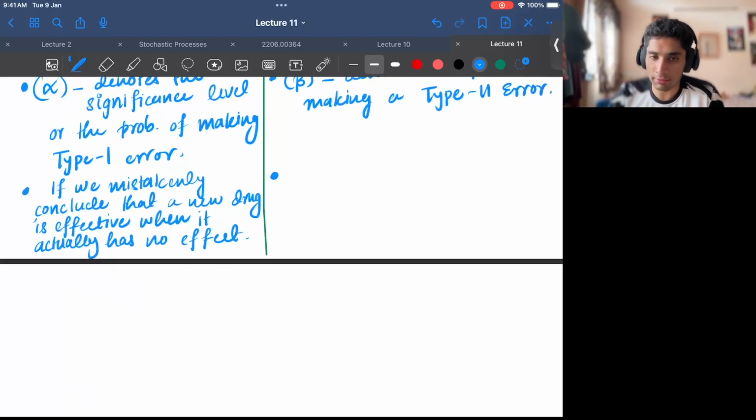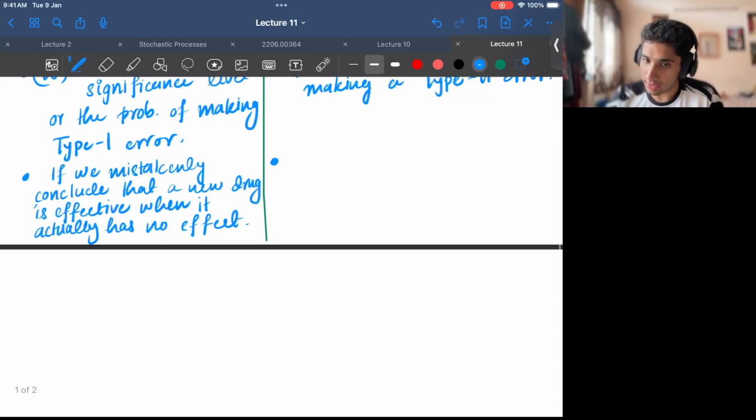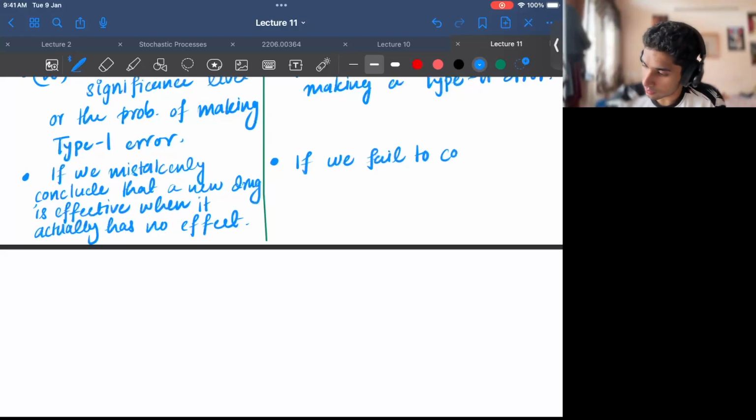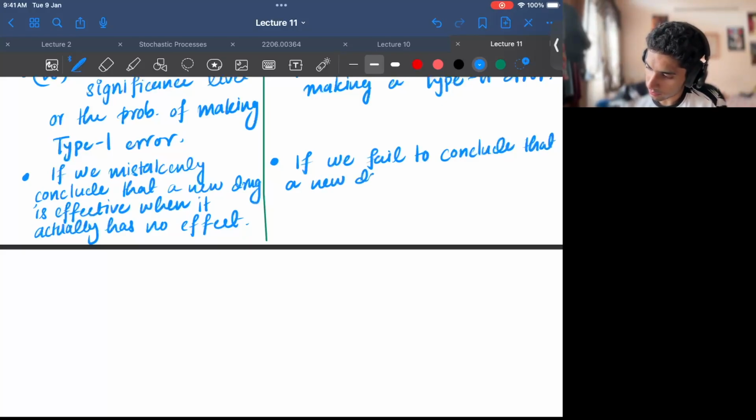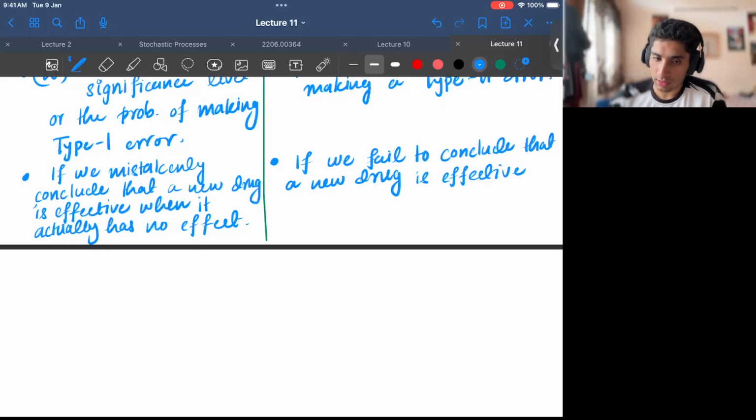Similarly, when will a type 2 error happen in a clinical trial? It will happen if we fail to conclude that a new drug is effective. This is like accepting the null hypothesis. We are saying that this new drug is not effective, right?